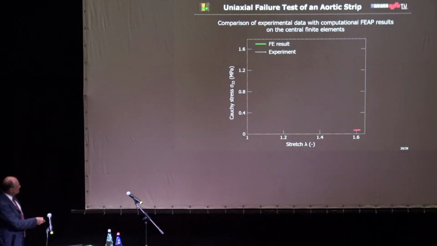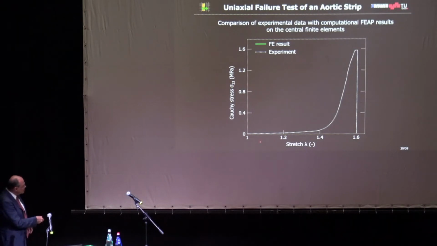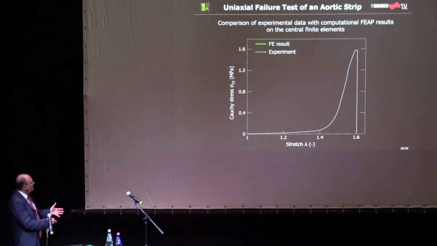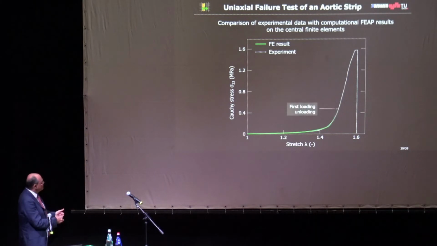And this you see clearly in this plot. This is a Cauchy stress versus stretch. This is the experiment. So very soft at the beginning because the matrix material is basically load-bearing, and then after some point the collagen fibers kick in. It's very stiff, and then you see some softening behavior, damage, and finally you have rupture. This is the experiment we did, and this is the first loading cycle, so it's a very good fit.